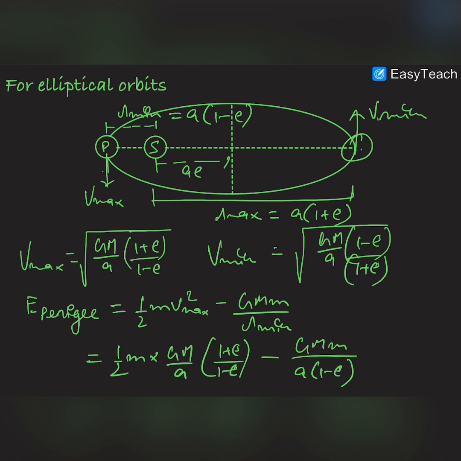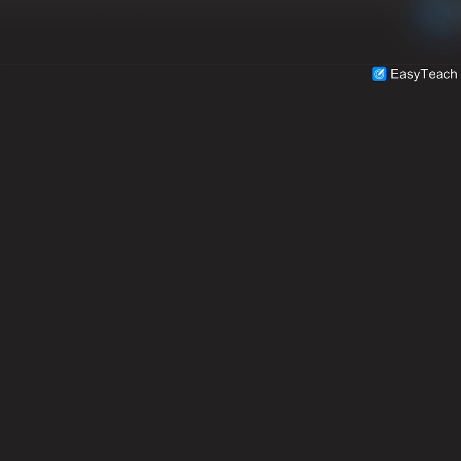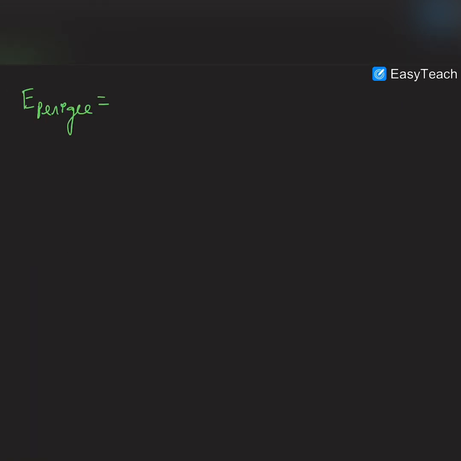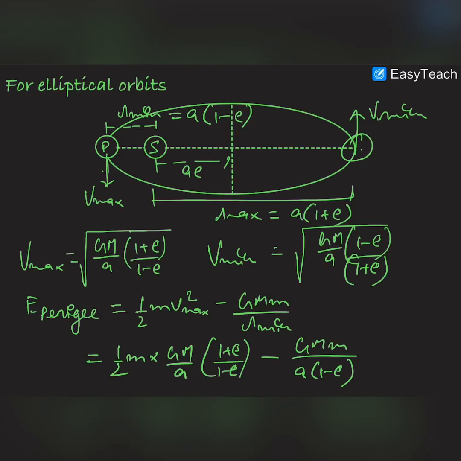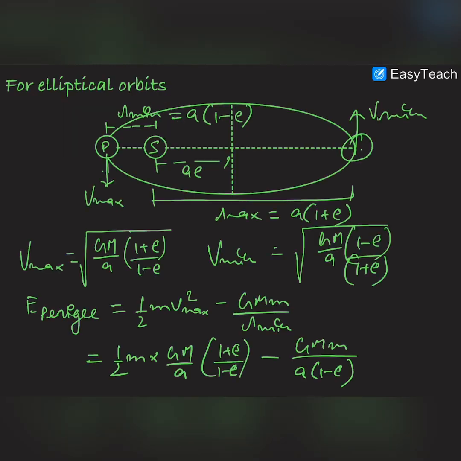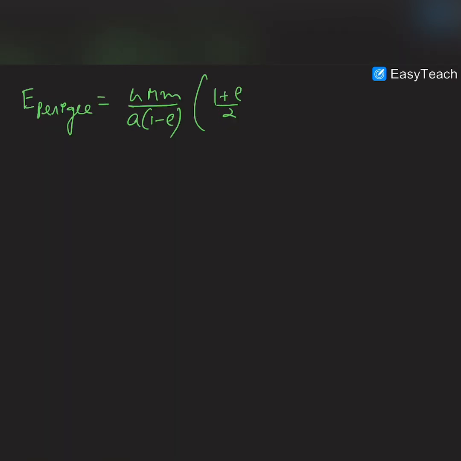So after taking common, the total energy at perigee is GMm by a into 1 minus e, which is common, into 1 plus e by 2, minus 1.